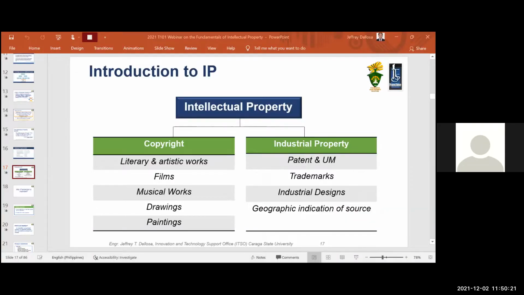So these are different kinds of protection. If you have an invention, product or process, then you seek patent protection, or a utility model. As mentioned earlier, you need to satisfy the requirements of a patent. So you are more particular about the functionality of the product itself.